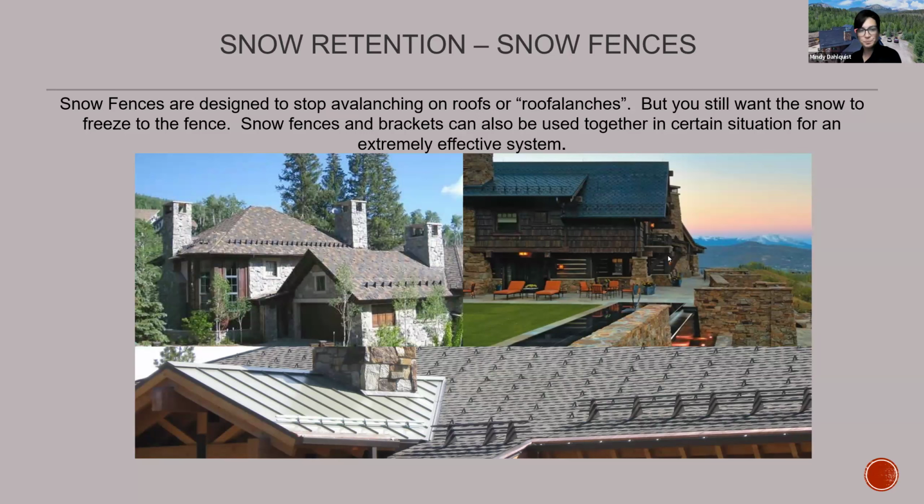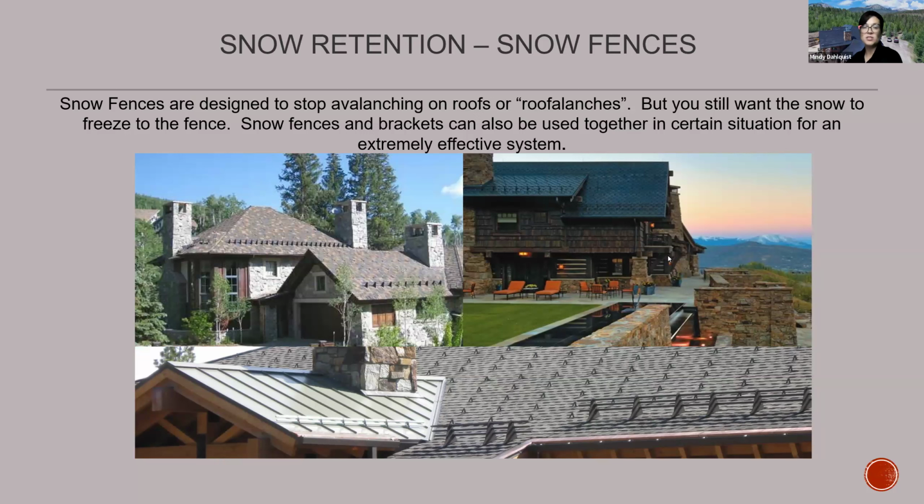The reason is they are designed as that last little bit of defense between that snow and coming off of your roof, and they prevent those roof avalanches. The snow will slide down your roof surface some and come into contact with those fences, where it then will freeze. The reason for multiple rows is just the strength of those.